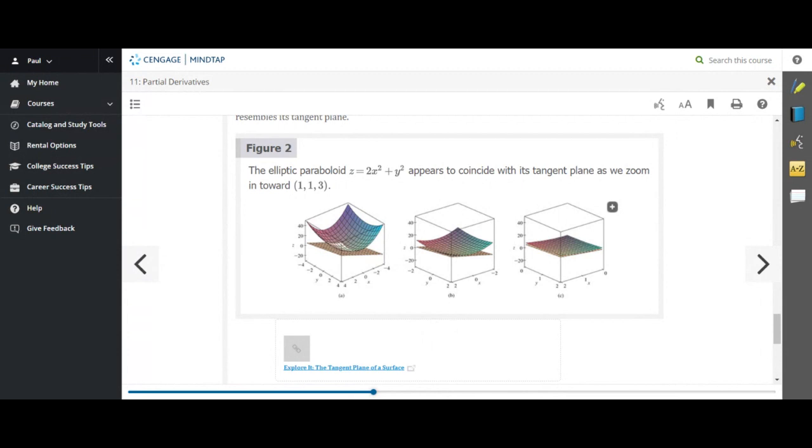It looks like a bowl. And in these figures, in figure 2, they have an A, B, and C.